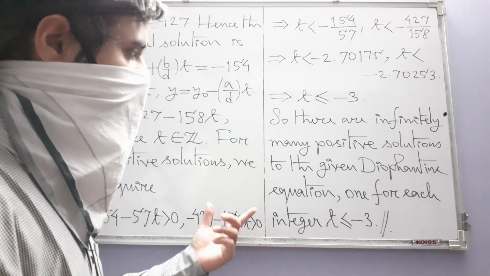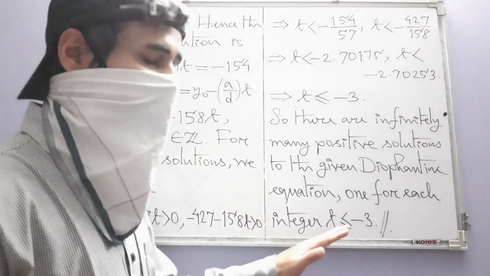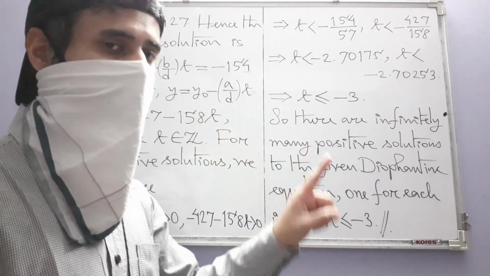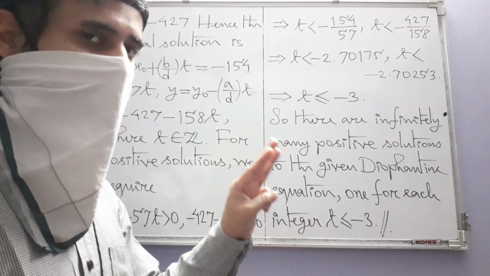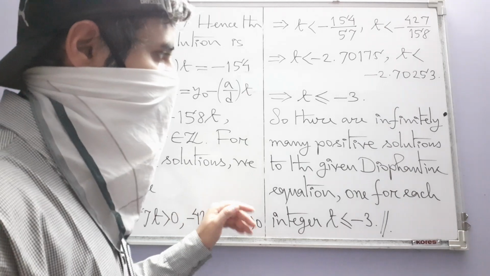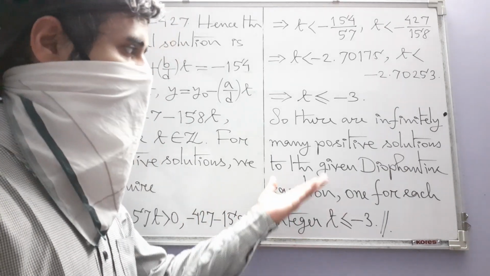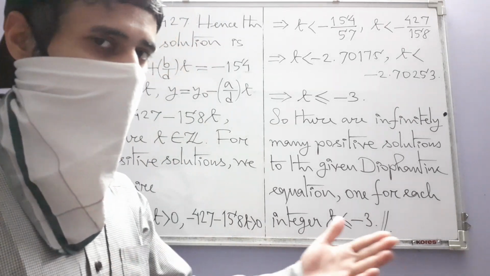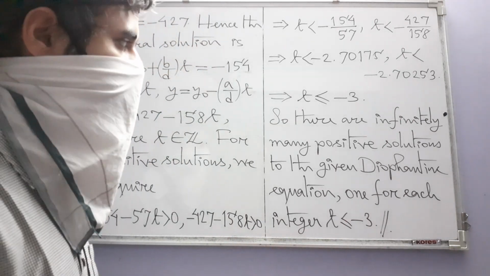That's the theory. But now we are seeking positive solutions, right? So in the first one there is only one positive solution, in the second one there are three, in the third one there is no positive solution, and in this fourth one there are infinitely many positive solutions. So that shows us the full spectrum.